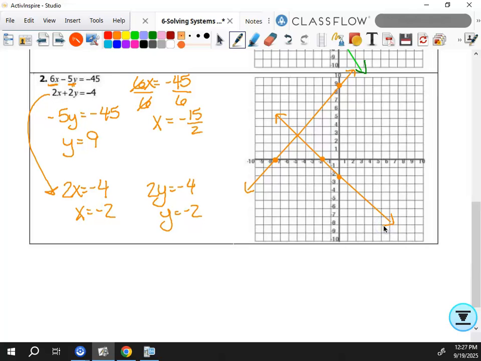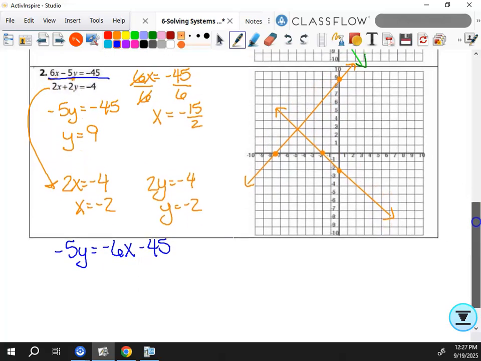If I had solved for y, just to say it, because now I'm regretting a little bit not doing it at all. If I was going to take this one and solve it for y, I'll just do it down here. That would give me -5y equals -6x minus 45.